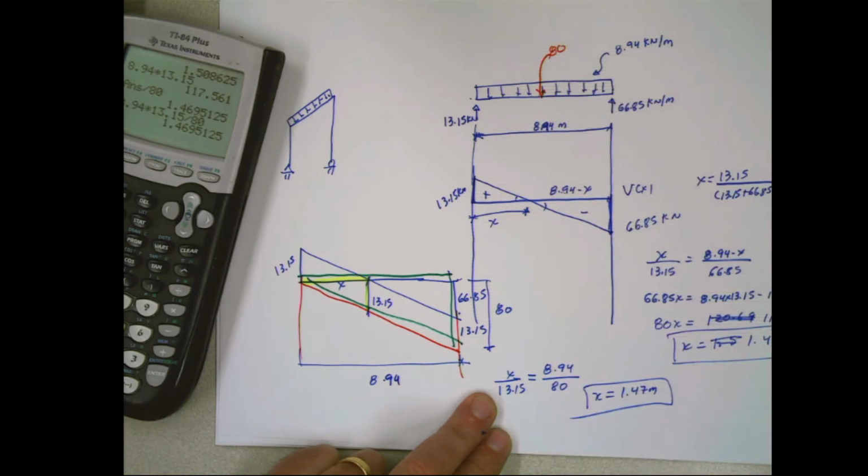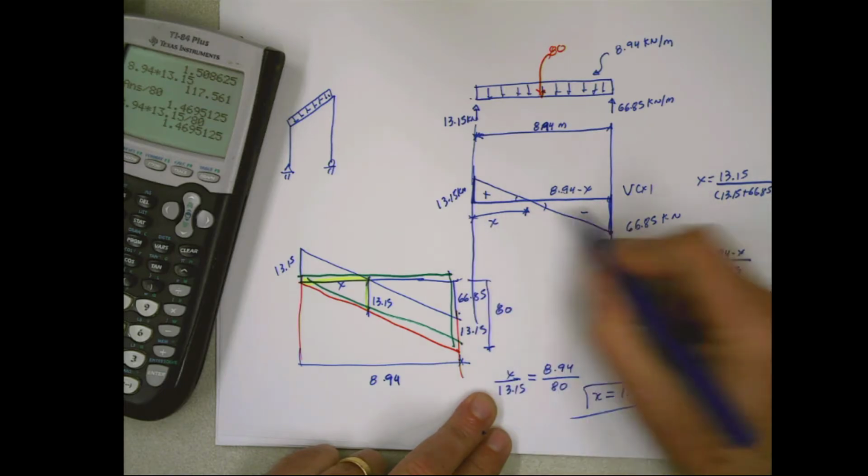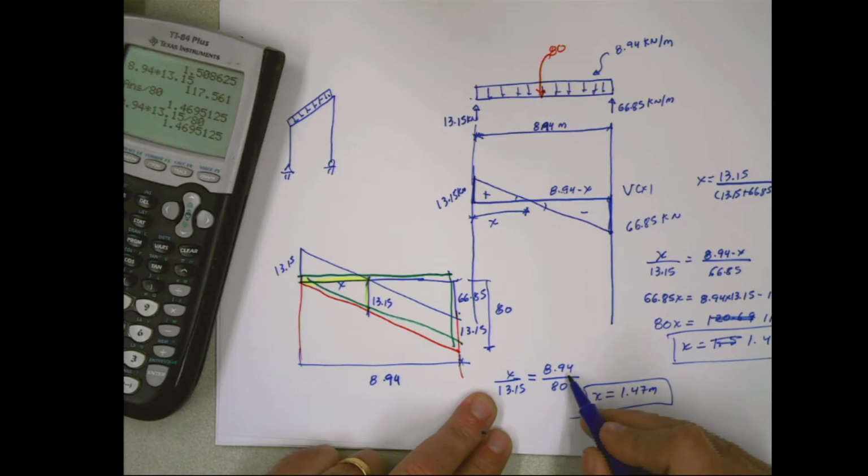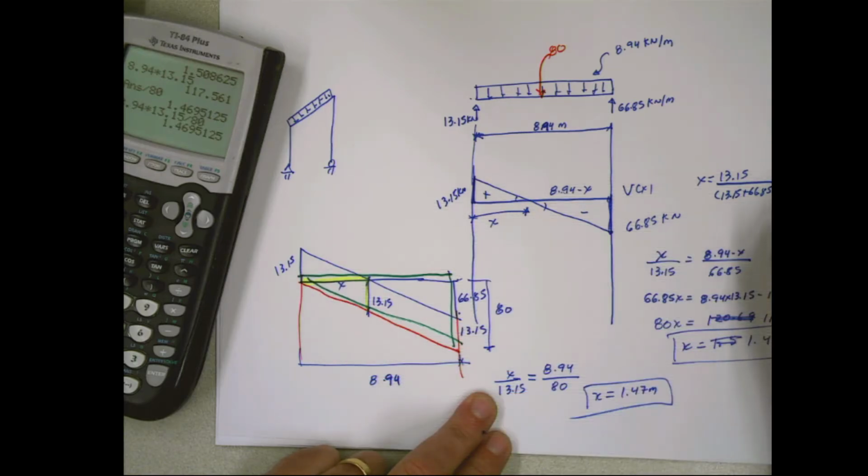So you can divide by the total load and multiply that by the length of this, because this 8.94 is this length. And then you get x equal 1.47.